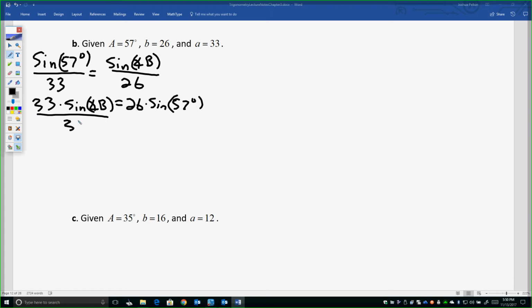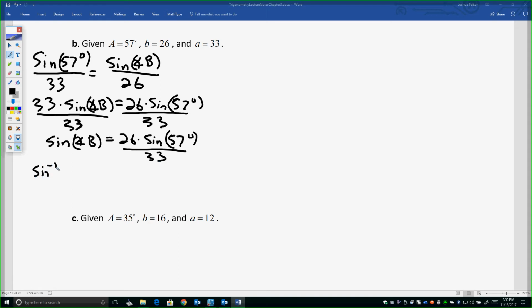So divide by 33. So sine of angle B equals 26 times sine of 57 over 33. And we'll inverse sine.